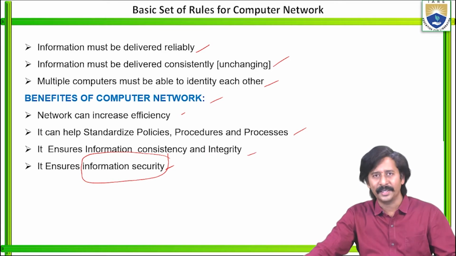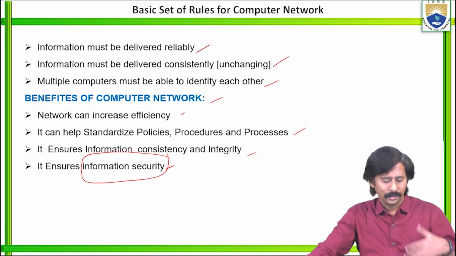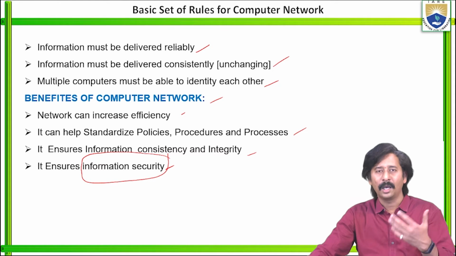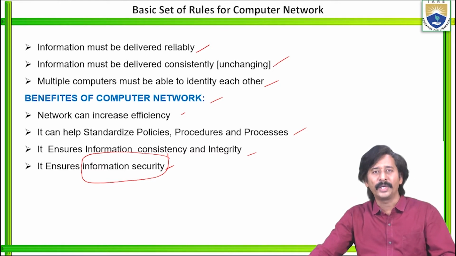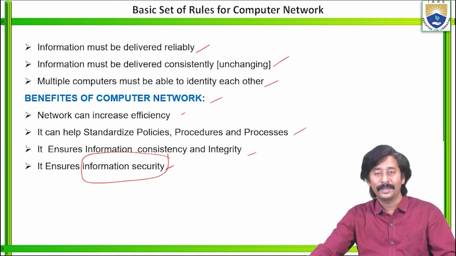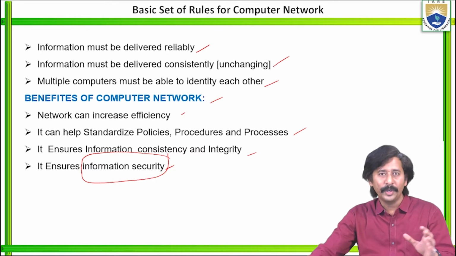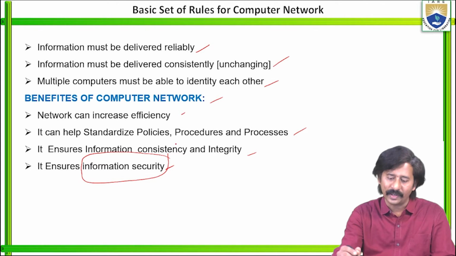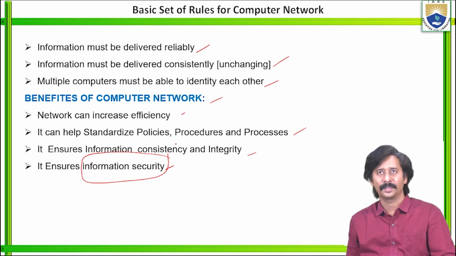Whatever the application, if anyone develops an application, someone asks, at what level are you providing security to your application? How do we need to provide security to your information? So that is another benefit of computer networks.